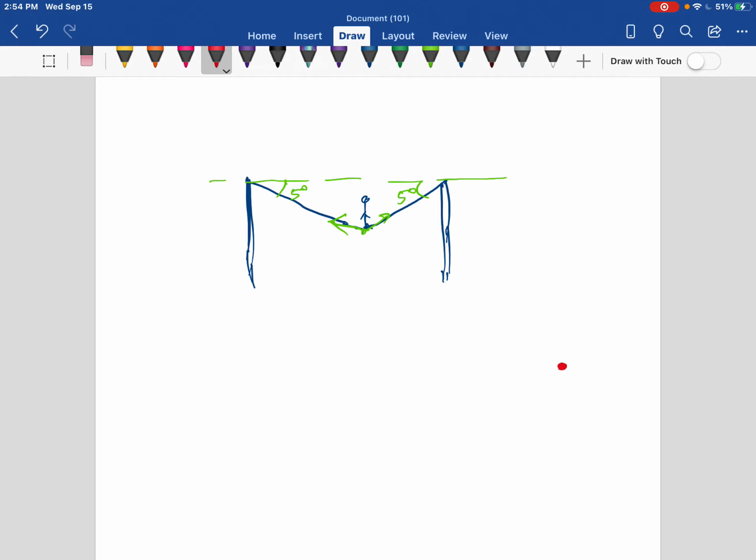Actually, more accurately, we are not drawing the free body diagram for this person. We are drawing the free body diagram for the center of the rope.